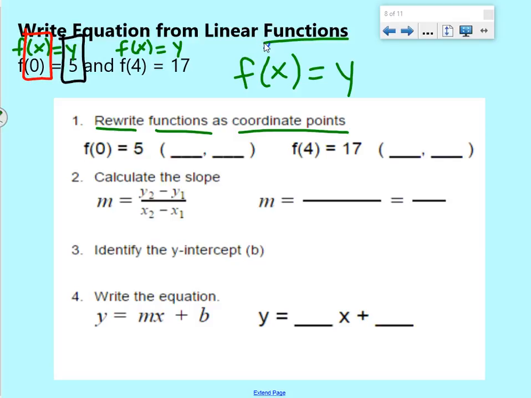So for our first function, f of 0 equals 5, the x is 0 and the y is 5. For our second coordinate point, our x is 4 and our y is 17.